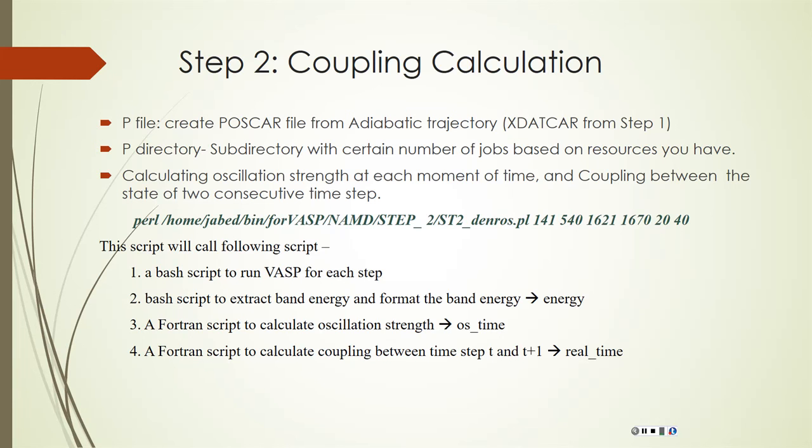A P file is nothing but a POSCAR file for that moment of the time step. Then we create different directories. We usually make P directories, because if we create 1000 or 2000 trajectory steps, it's not possible to run the whole thing at one time. So rather than running in one go, we divide it by 50 or 100, depending on where I'm doing the calculations.